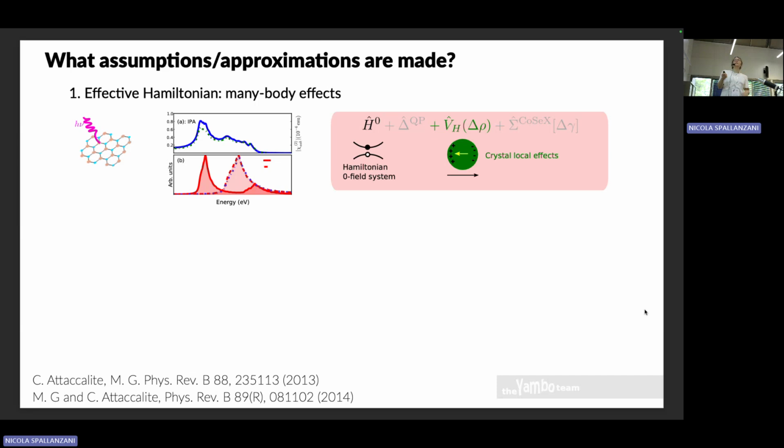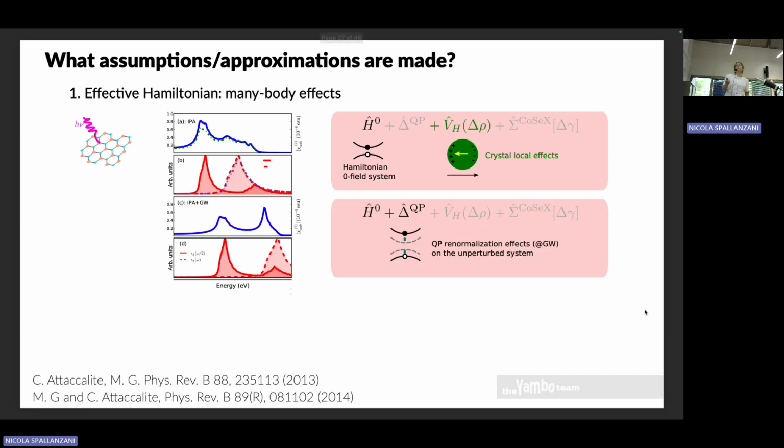In this 2D system, because it's very sensitive to the field, you see here this green local field effect. Then one other thing we can do instead is to add the screened interaction. If you look at the absorption, it's just a shifting of the spectrum, but it's different in the second harmonic generation because you are mixing the poles at second and first order.